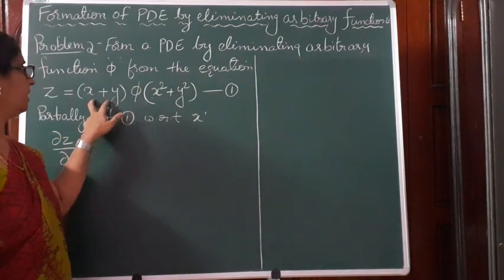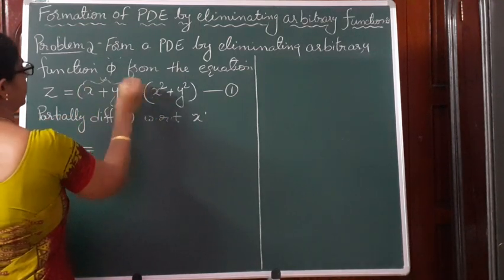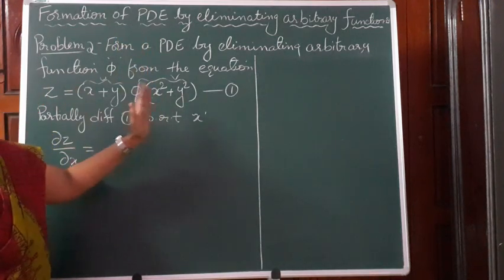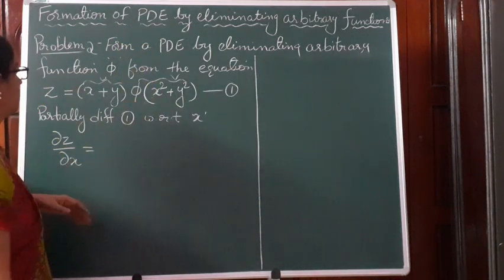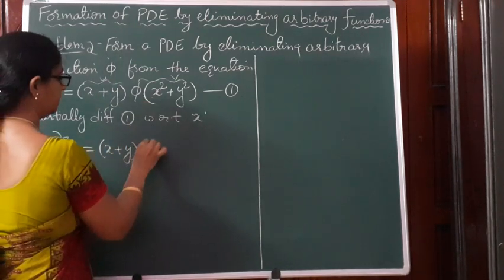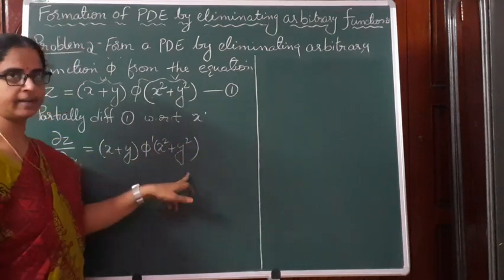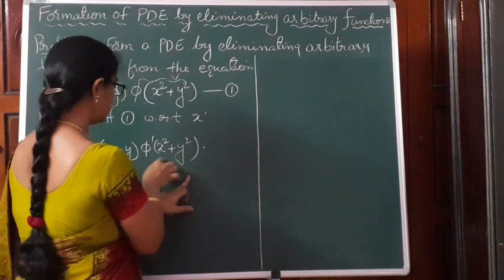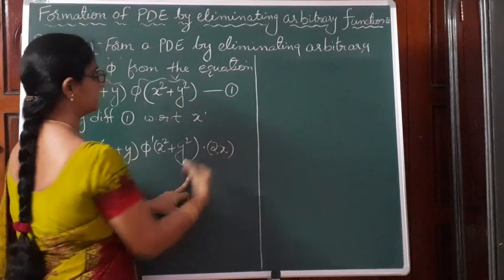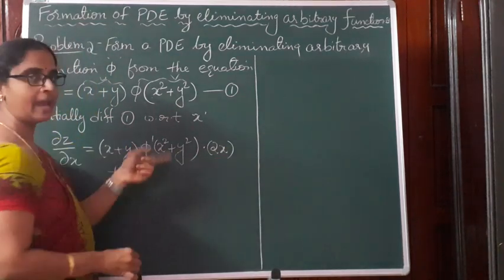To differentiate we use the product rule, taking this as u and this as v. The derivative of uv is u into v dash plus u dash into v. Here u into v dash means the derivative of phi of x square plus y square, which is phi dash of x square plus y square into the internal derivative, that is the derivative of x square plus y square with respect to x, which is 2x.